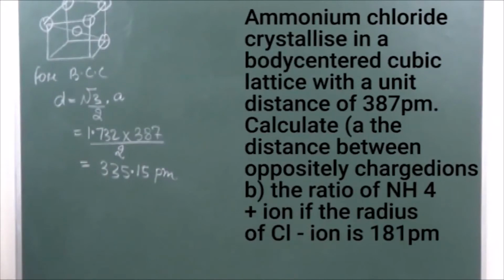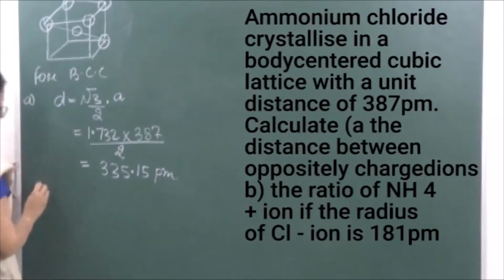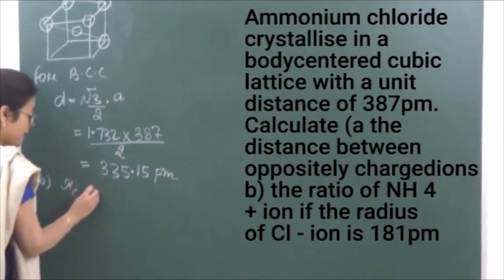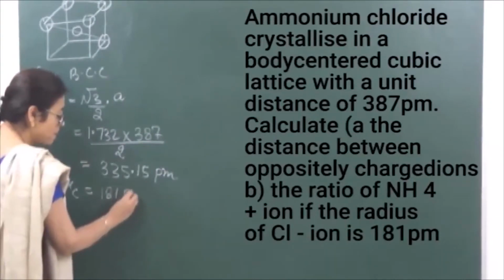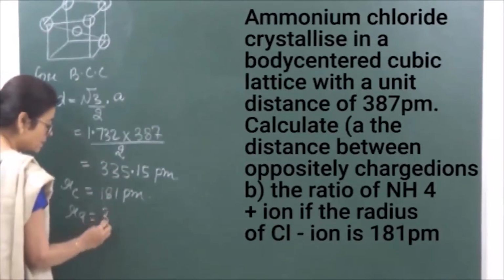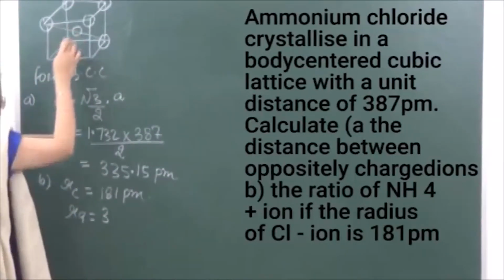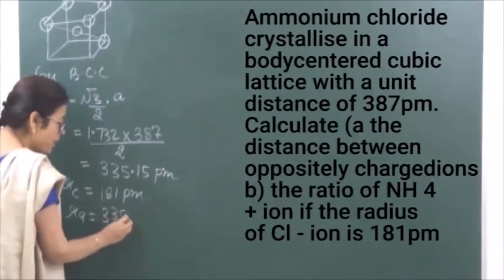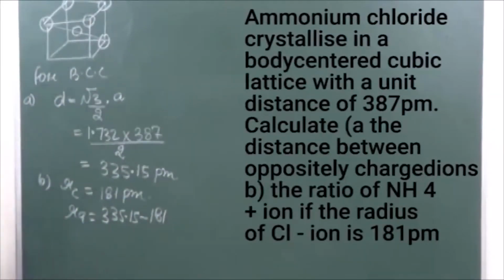Okay. Second, what are they asking? They are asking us the radius of the cation. So the radius of the anion given to you is, this is part A, B. Radius of the anion given to us in the question is 181 picometers. So what will be the radius of the cation? 335.15, which is the nearest neighbor distance, minus 181 picometers.